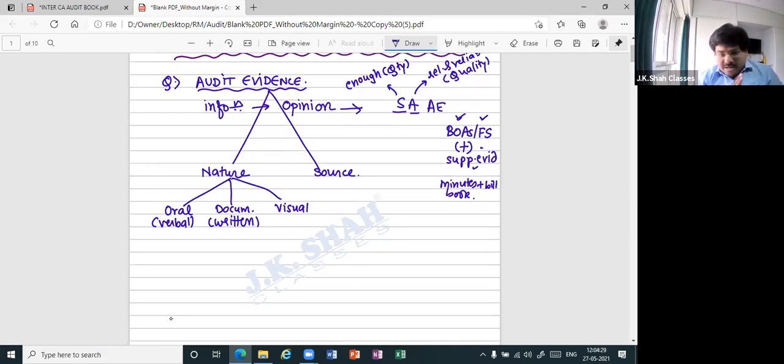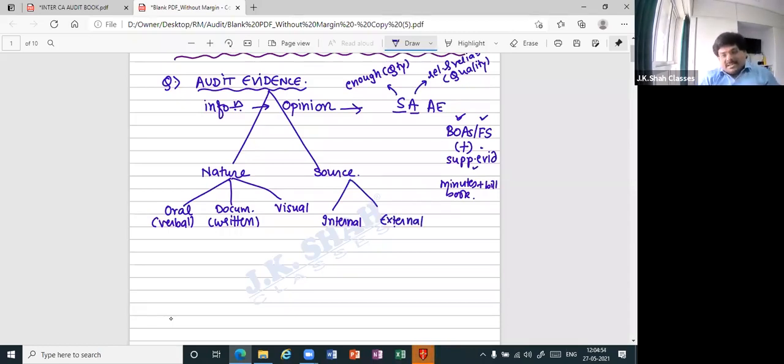So your audit evidence on the basis of nature, how many classifications are there? Three. Which three? Oral, documentary, visual. As far as sources are concerned, there are only two possible sources. Either the source will be internal, or the source will be external.